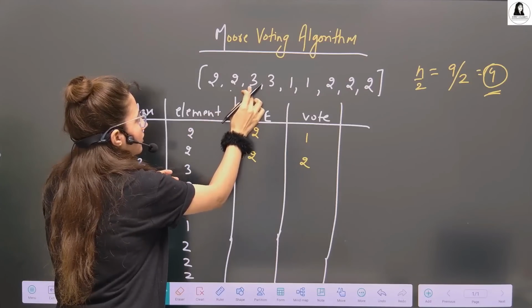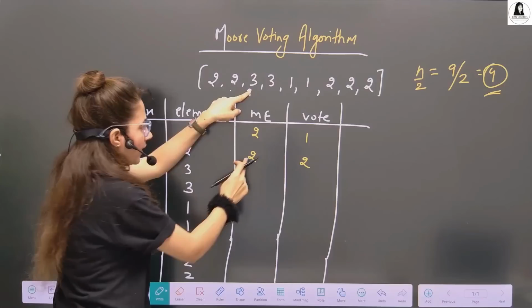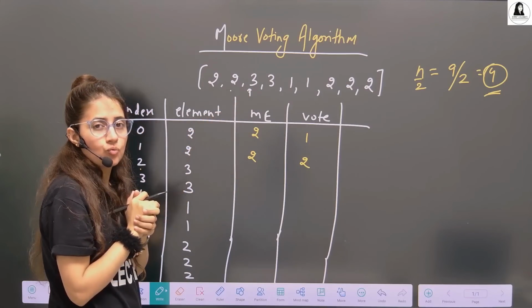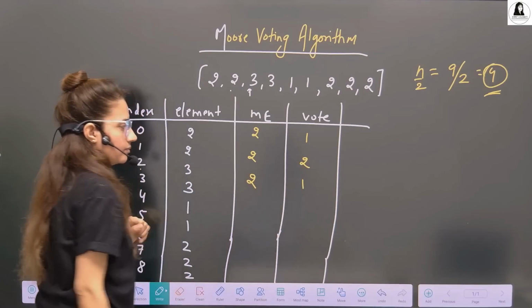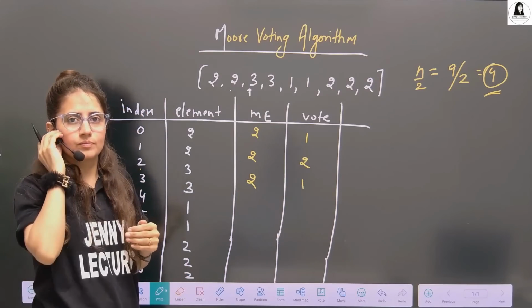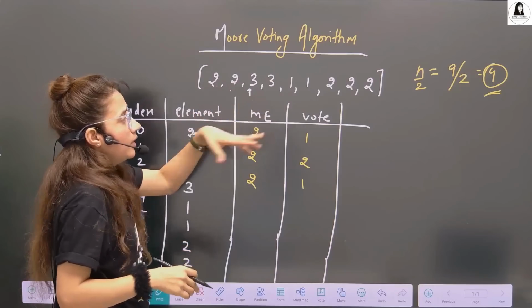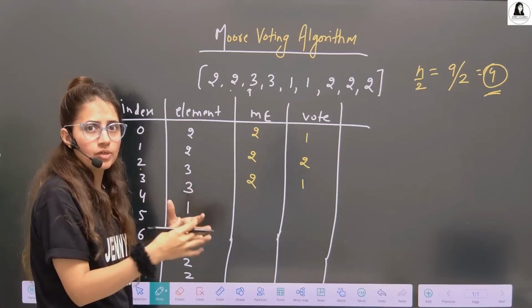Next element is 3. But this is not the same as my majority element. So what we do is the majority element stays as it is, but we decrease the vote by 1, right? We will not take a count for every element, like count for 2 as well as for 3.